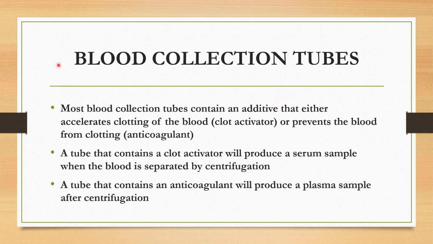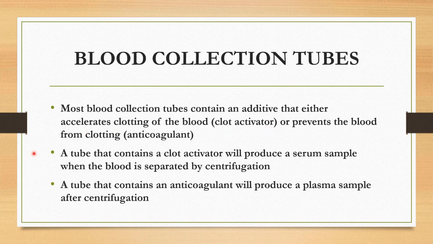Before moving into the topic, you should know something about blood collection tubes. As you all know, blood collection tubes are used to collect blood samples and are available in different colors. Most blood collection tubes contain an additive that either accelerates clotting of the blood, that is a clot activator, or prevents the blood from clotting, that is an anticoagulant.